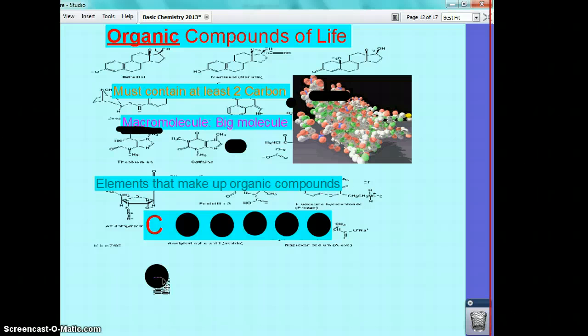What other elements make up organic compounds? Carbon is going to react with what to make up an organic compound? Try to think. Give me elements that you know on the periodic table that react with carbon. Hydrogen. Oxygen. Nope.